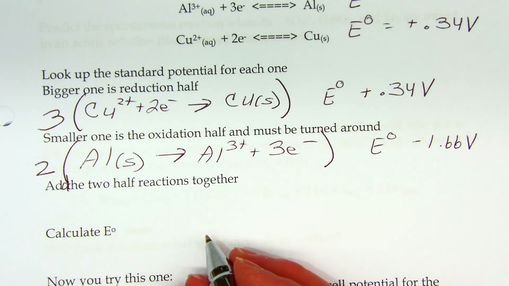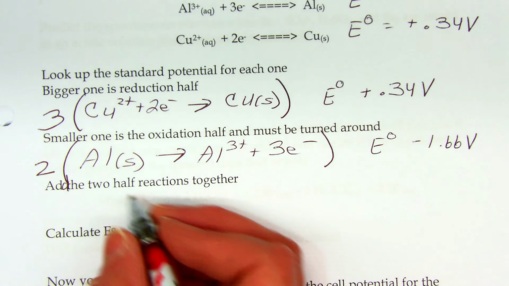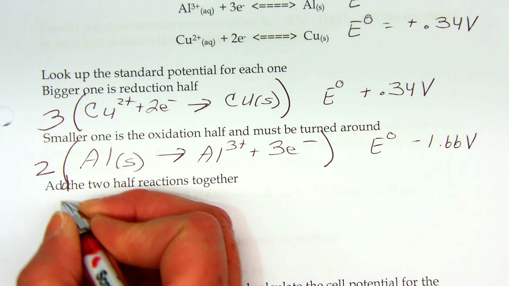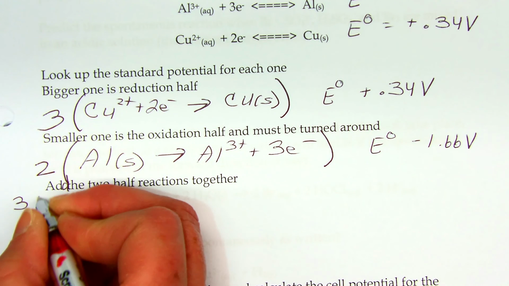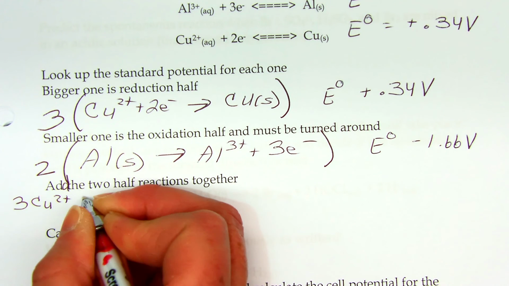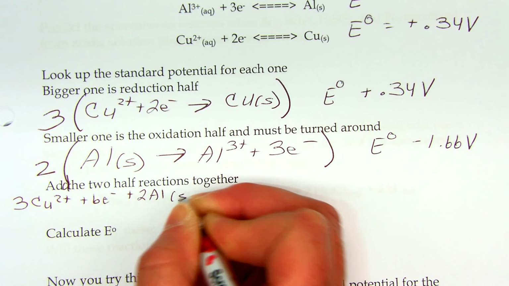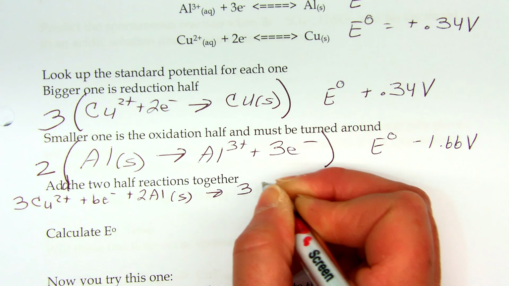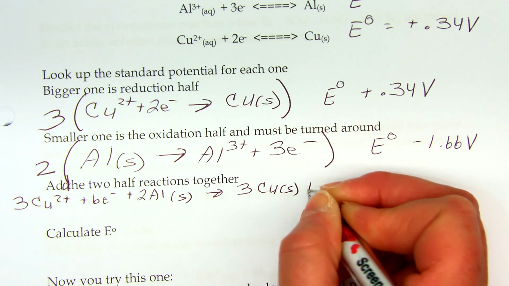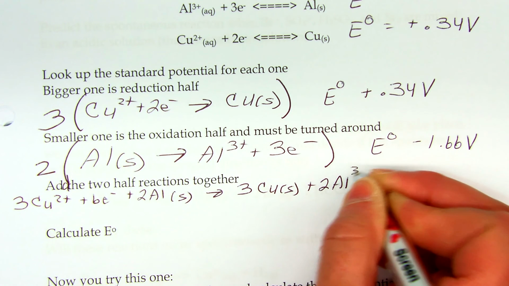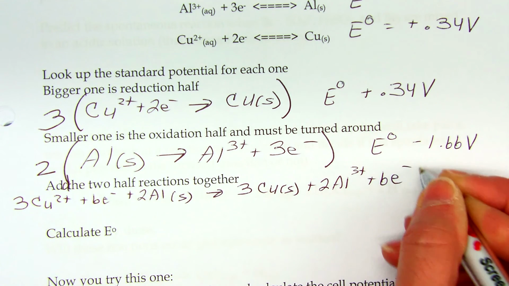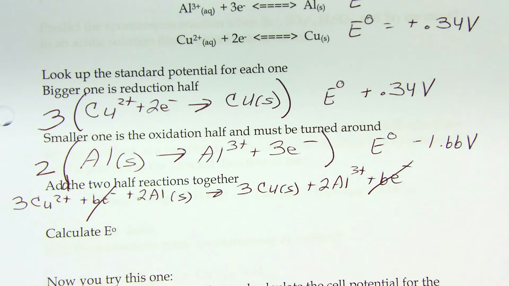And then I add them together and cancel out what appears on both sides, and I get 3 copper 2 plus plus 6 electrons plus 2 aluminum solid yields 3 copper solid plus 2 aluminum 3 plus plus 6 electrons. My 6 electrons cancel, nothing else cancels. Now I know the cell chemistry.